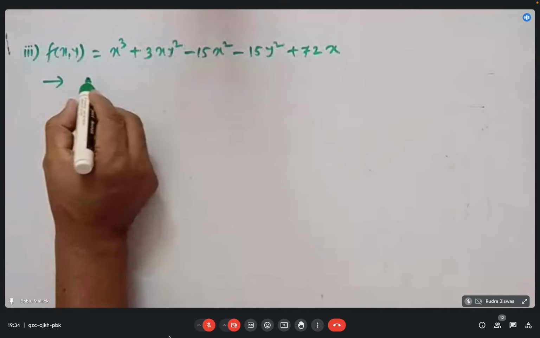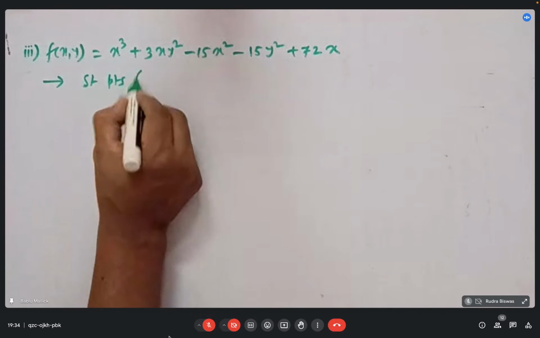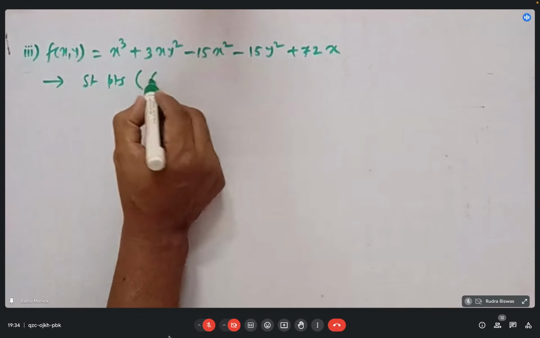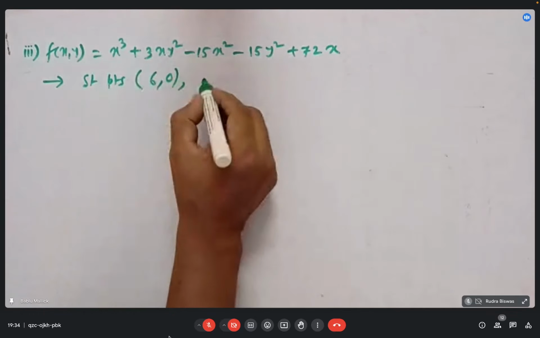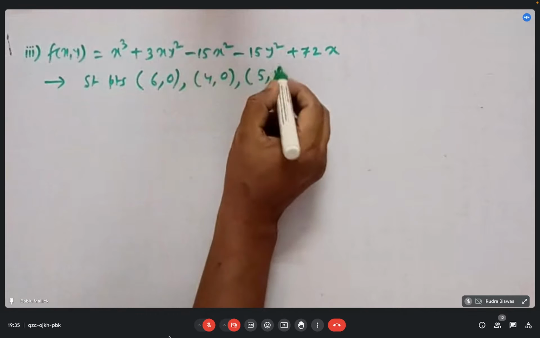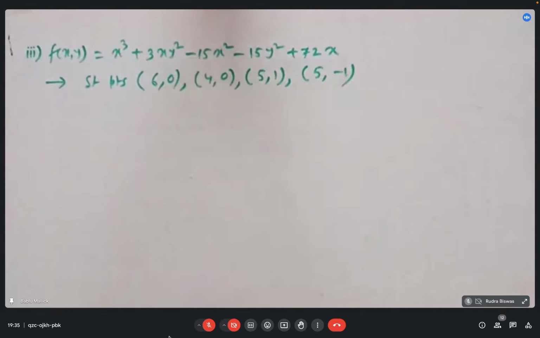Write the hints. Here you will get stationary points, and then you will check. You will get stationary points 6 0, 4 0, 5 1, 5 minus 1. These are the stationary points.